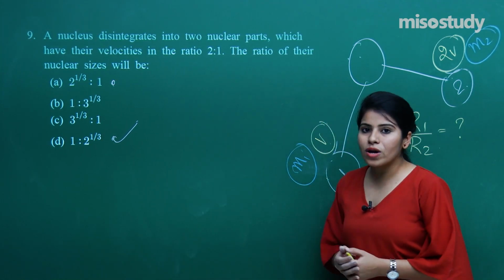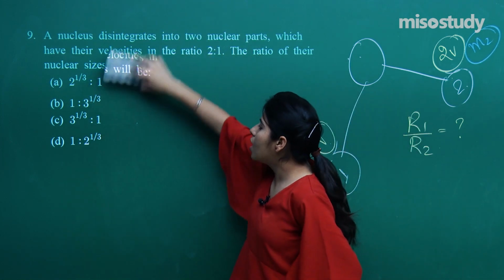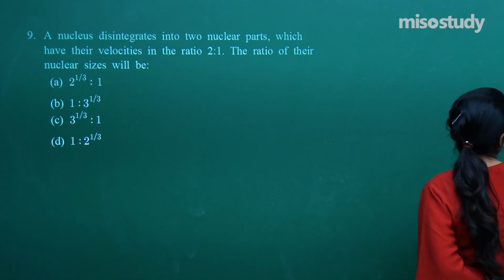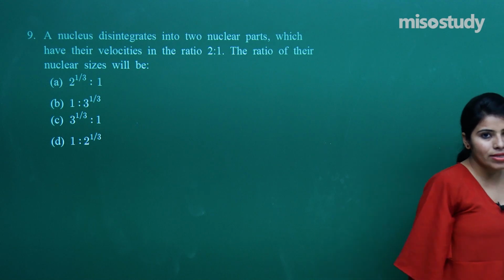Now we are done with this question, and we will be moving towards the next question, which is going to be the last question of the session. Again, if you are feeling confusion in this question, I can tell you one thing.